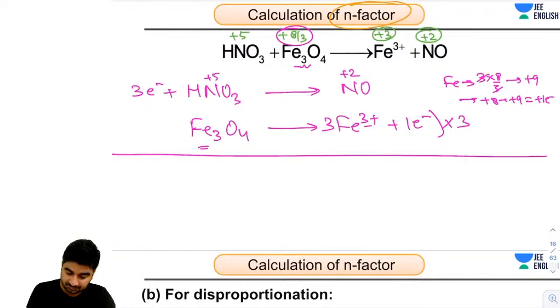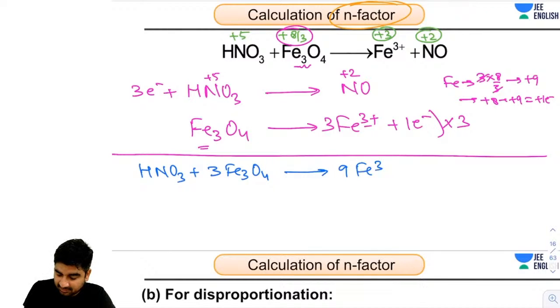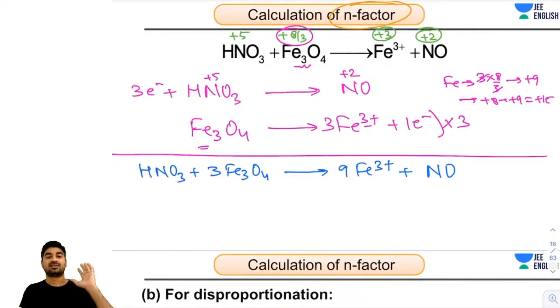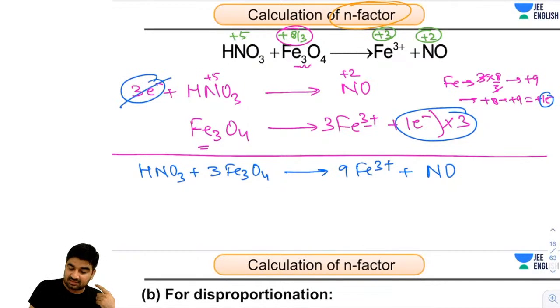So this is HNO3, Fe3O4, 9 Fe3+, NO, right? So now the number of electrons that are cancelling here is 3.